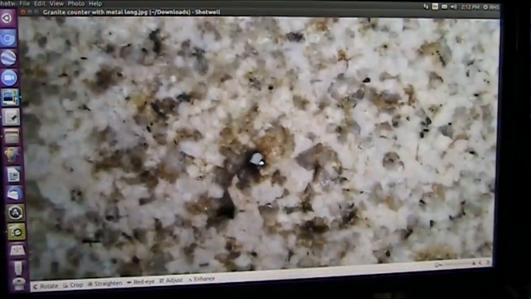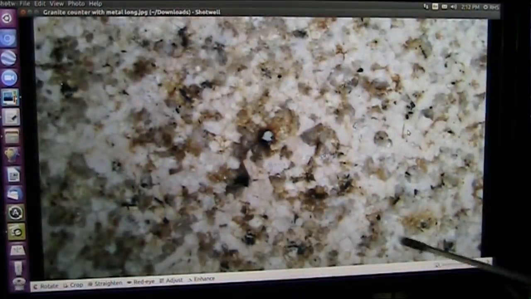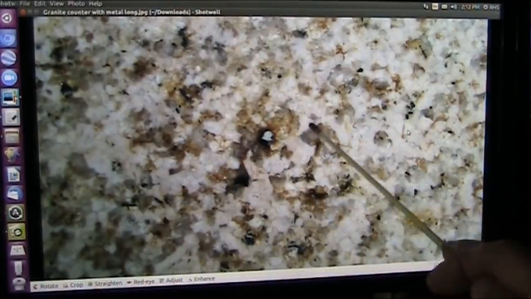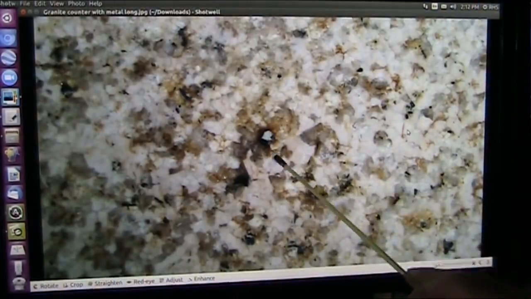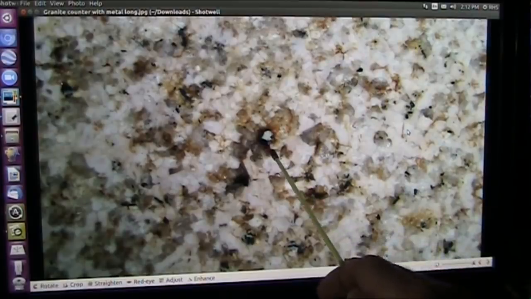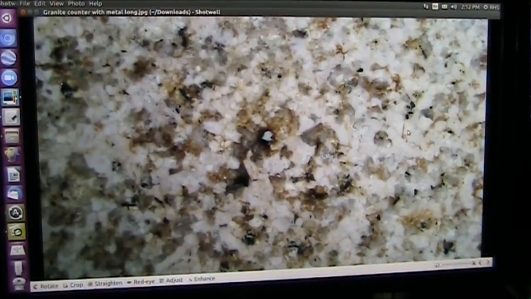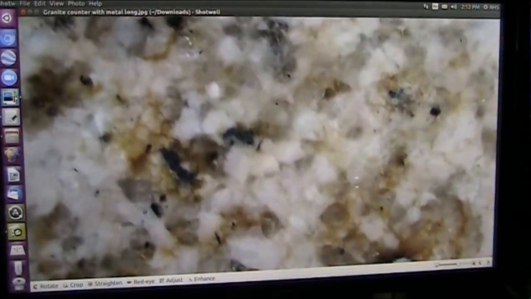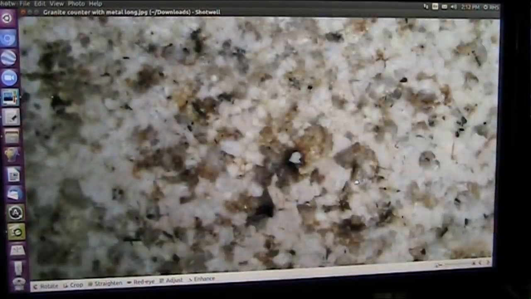Now, what is this? That is the only piece of metal that I could find in this countertop, and it's 32 feet of countertop. The only piece of metal that I could find was that, and the reason for that is because this was ground up flesh. Right after the flood, they ground this up and took all the metals out of it. That is ground up.